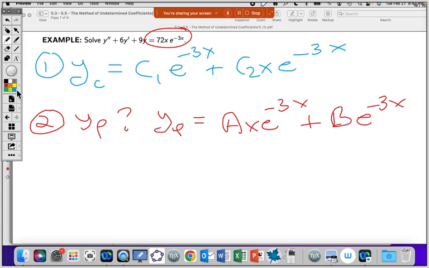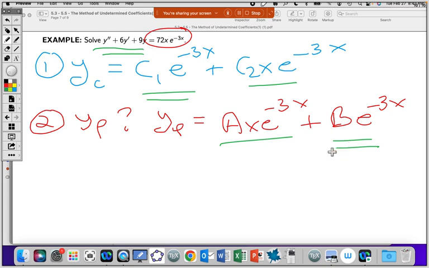But now we look for duplication. And what do we see? Everything's duplicated. Once again, what does that mean? Any linear combination of e to the minus 3x and x e to the minus 3x, when substituted into the left-hand side, will produce 0.